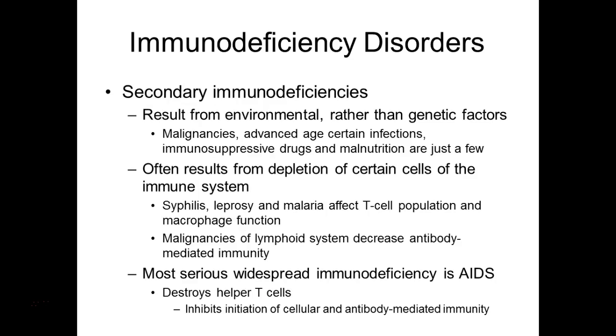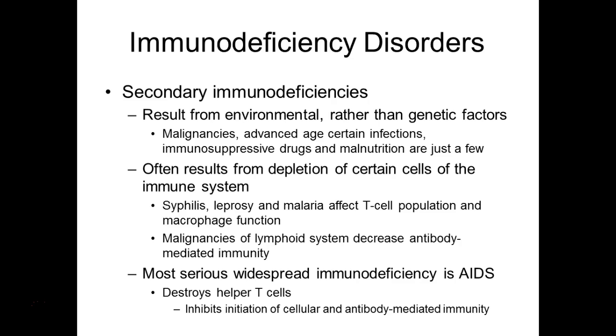Okay, secondary immunodeficiencies usually result from environmental rather than genetic factors. Certain malignancies, advanced age, and certain infections can cause them. As we age, our immune system is not as efficient as it was before, which puts us at a disadvantage.